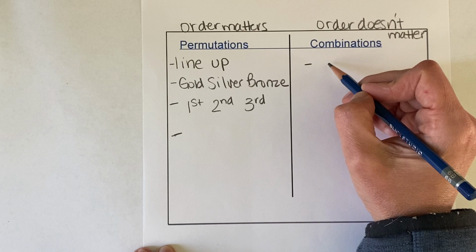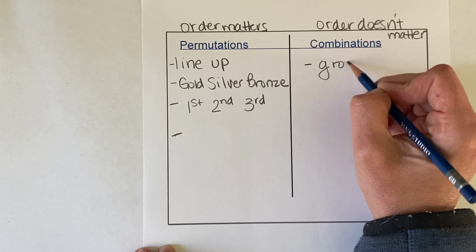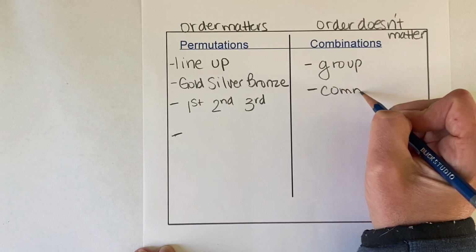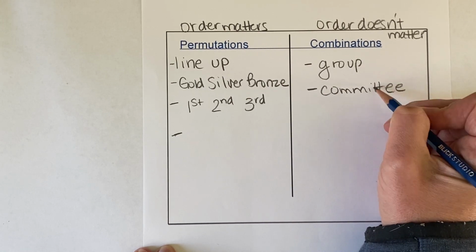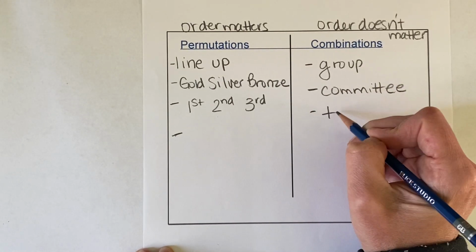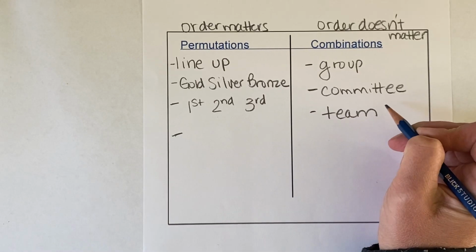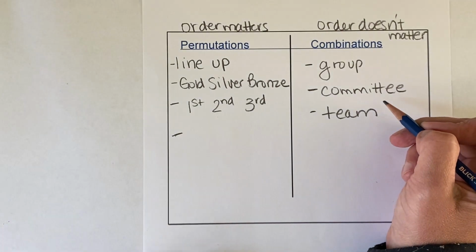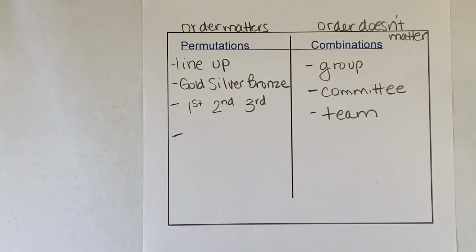Some keywords for combination. If you're just getting in any kind of a group, another word for group is committee. Another word for committee is a team. So those are some words to help you figure out if it's a permutation or a combination.